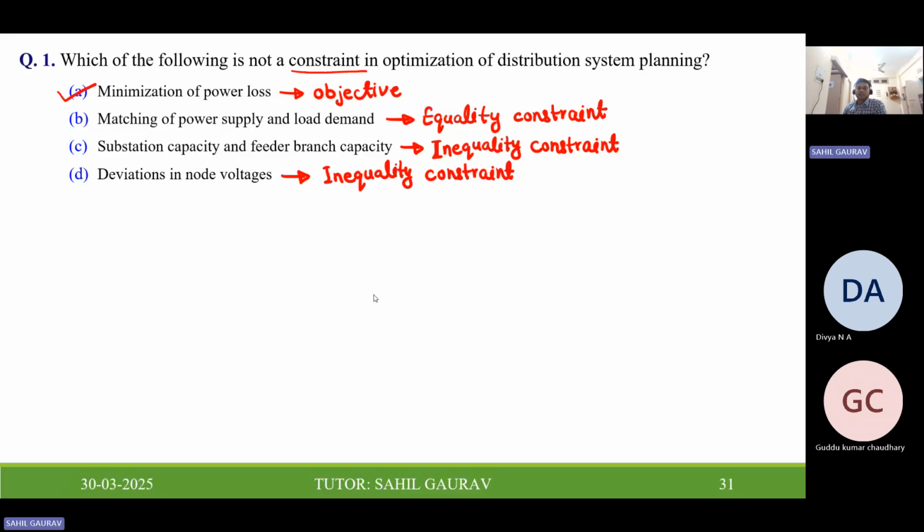I am not saying it is 100% true, but in general, what I see is that they just manipulate the assignment problems. Yeah, similar types of problems to the assignment will be asked.